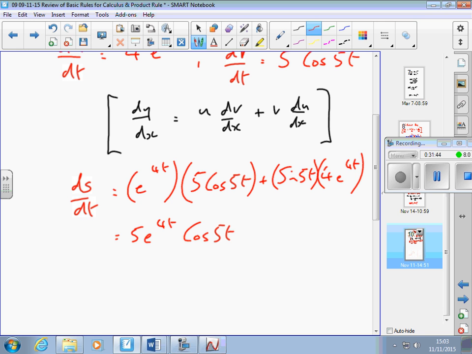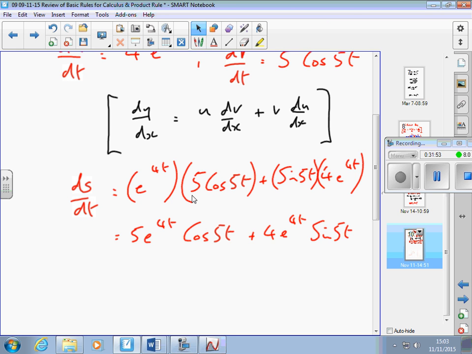And again, put the 4 at the beginning, 4e to the 4t, and then the sine 5t at the end. So I just rearrange it like that. In cases where the exponential function's in it, when we've differentiated it, that doesn't change. So I'm always going to be able to take that outside a bracket.